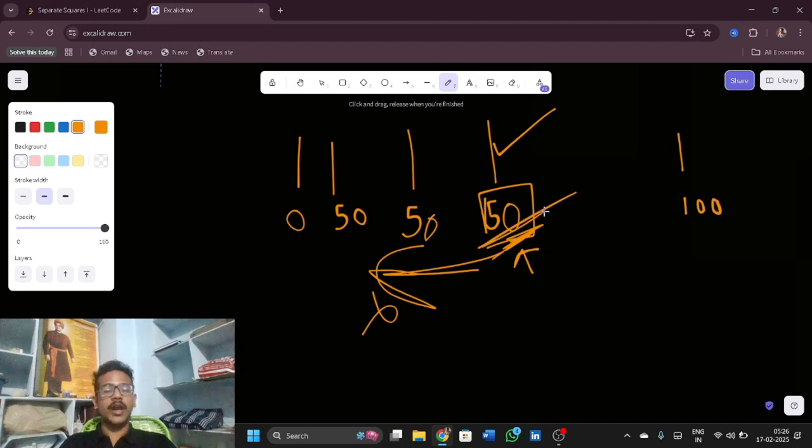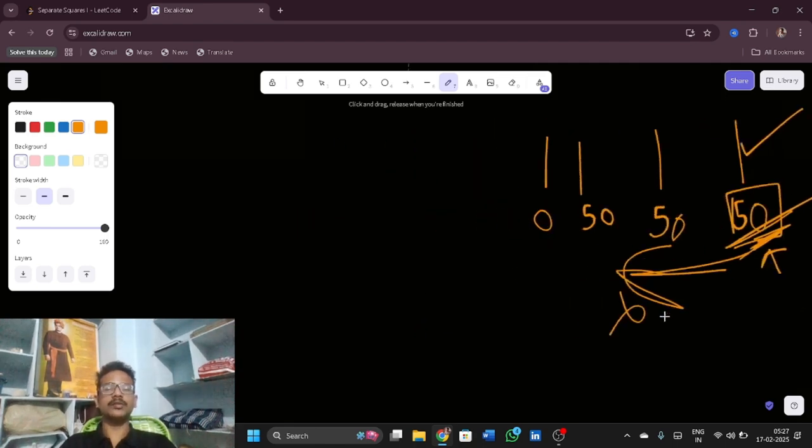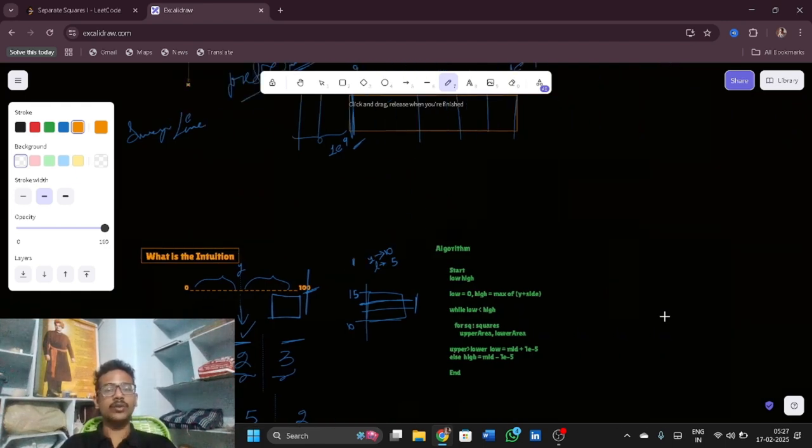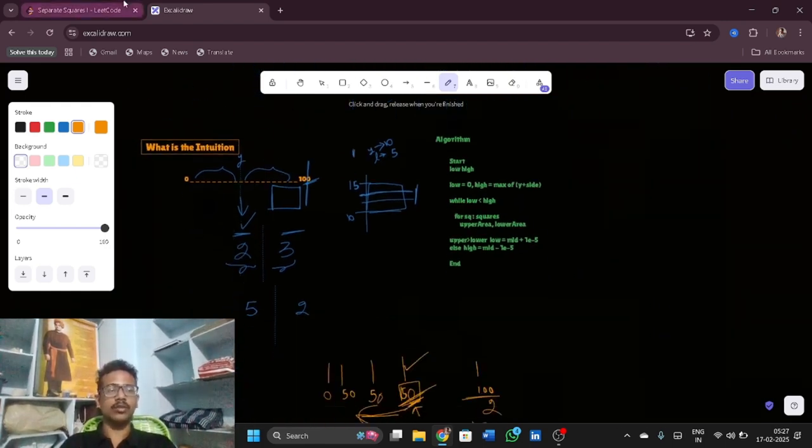So trying for the target where the total area divided by 2 will not work, so you need to go through while low is lesser than high, and when low is equal to high you need to go out of the while loop.